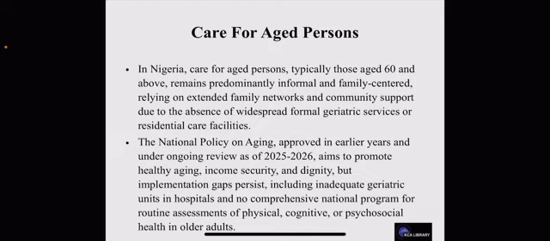So that is why we said it is predominantly informal and it is mostly family centered. You can only see maybe grandchildren taking care of their grandpa or grandma, or a son or daughter taking care of his vulnerable father, or less privileged father, taking care of him or her by himself. So it is mostly informal, family oriented and centered.